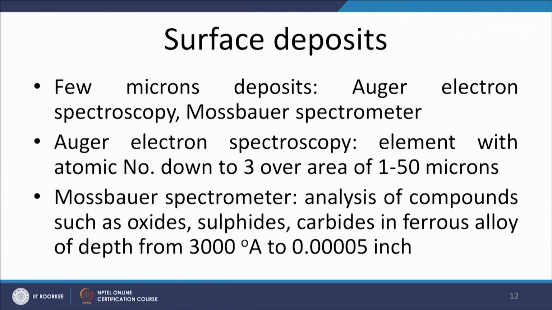Then for analyzing the surface deposits, there are two techniques which are commonly used. The deposits may be a few microns in thickness, or small in amount in terms of the area over which they are scattered or distributed.